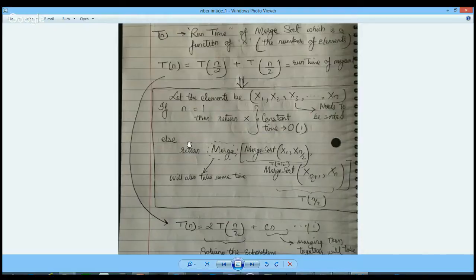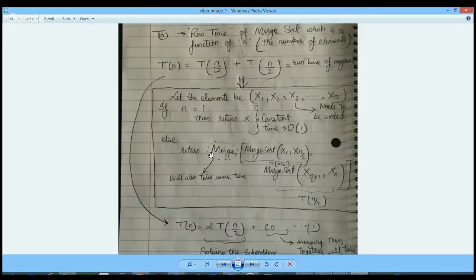And if it's not a single number, then what we need to do is merge the split portions of the elements. Merge sort the first half and merge sort the second half, and again merge the two halves.